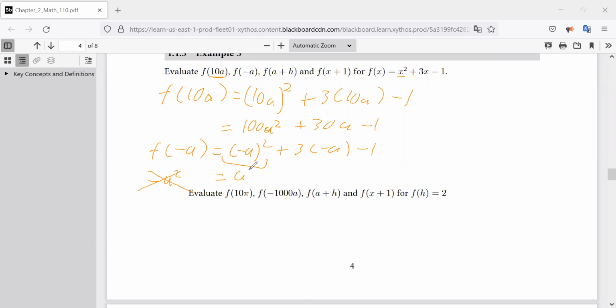This right here is equal to positive a squared, because the negative gets multiplied by a negative and becomes positive. Just like negative 2 squared becomes 4. And then this becomes minus 3a minus 1. Does that make sense to people?